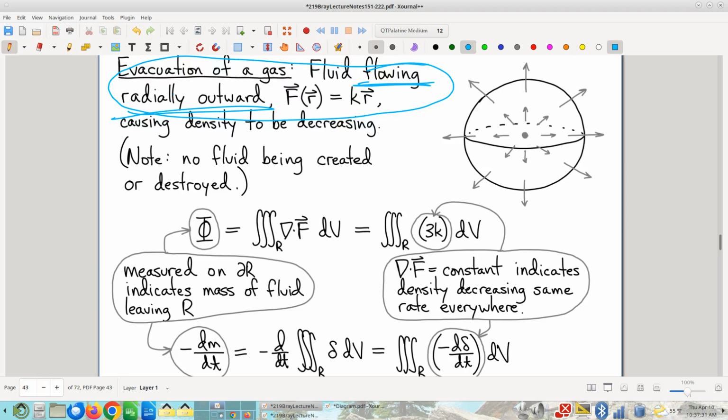Okay, so that gives you a vector field. Turns out that this is a good model for that vector field. We have to put the K in there to recognize problems with units and stuff like that, but whatever, it's just a constant. By the way, a good little exercise: make sure you're comfortable with the idea that that's what this vector field looks like, and again, consistent with the idea of an expanding gas. Okay.